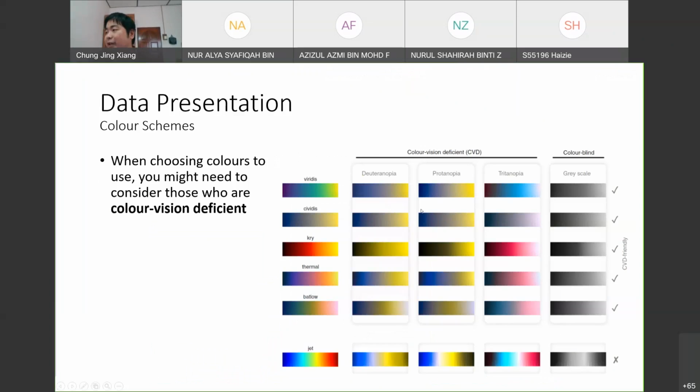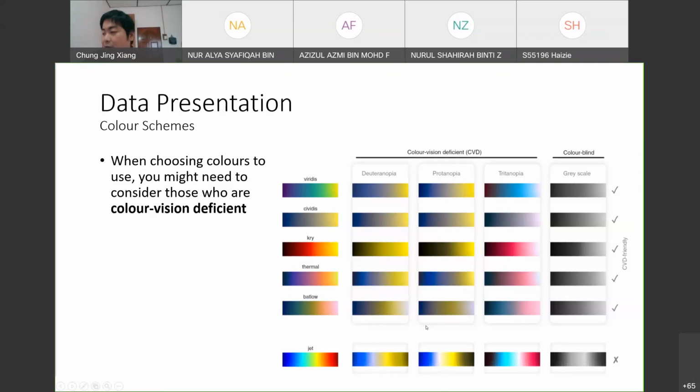Some people can only see 2 or 3 colors. We see this one, but what they see is something like this. Or some people don't even have color vision, they are color blind, so they can only see grayscale. So depending on your audience, when you create your map, your visualization, you have to use colors they can see.